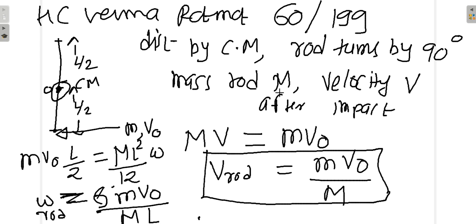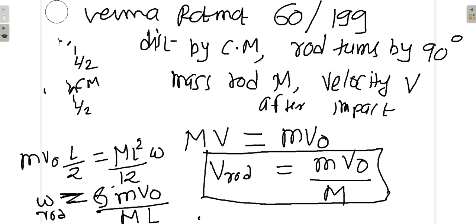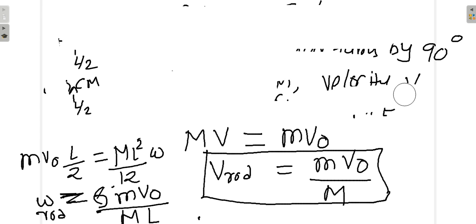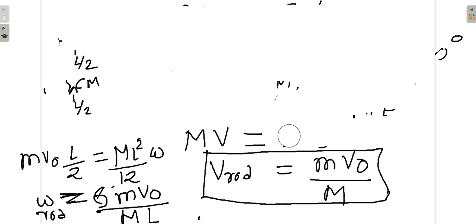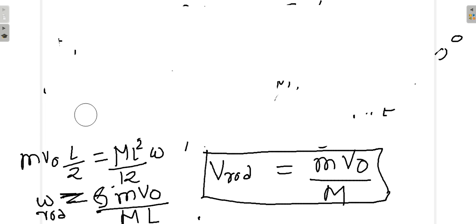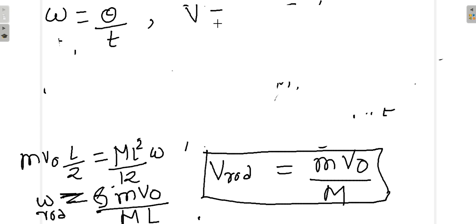Now the rod turns by 90 degrees, means theta is pi by 2. Now we know, since there is uniform motion, omega will be theta upon t, and in the same time interval v will be distance upon t, where x is the distance travelled by the rod.